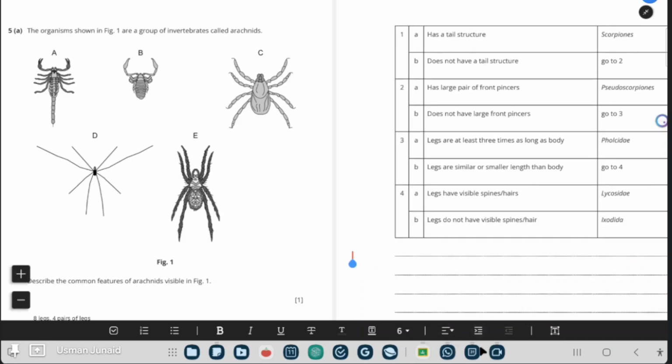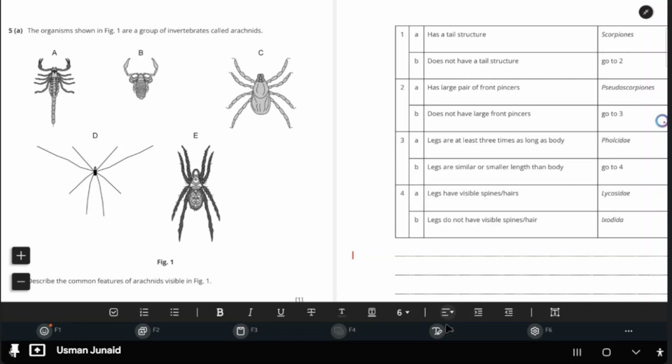For example, if I'm doing A, I would say A is a scorpion. Why? Because it has a tail.